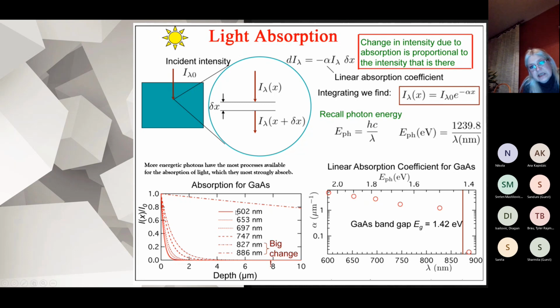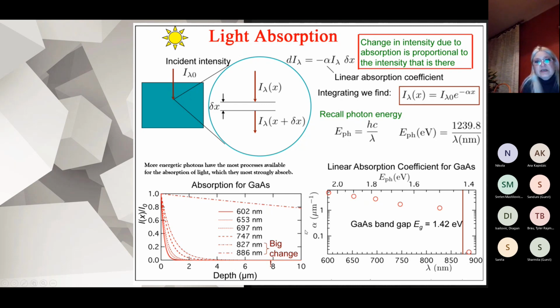Then when you decrease the energy of your photon, it penetrates deeper and deeper into the matter until we come to some photon energy where the photon is almost not absorbed at all by the matter and just goes through.